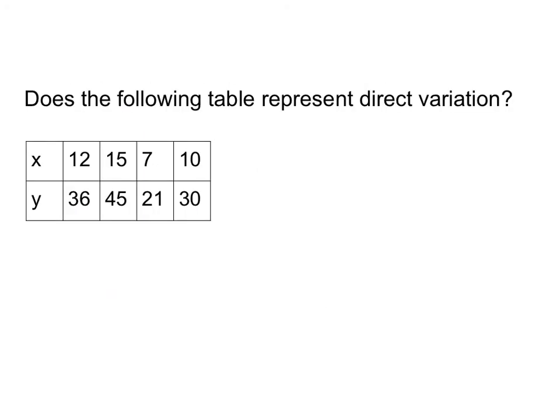All right. This is the last thing I want to take a look at here in this video. It says, does the following table represent a direct variation? Okay, so if we know that y equals kx represents direct variation, then what we also know is that y divided by x equals k. These two say the same thing.